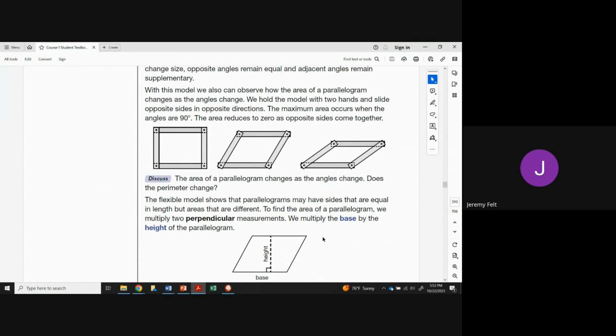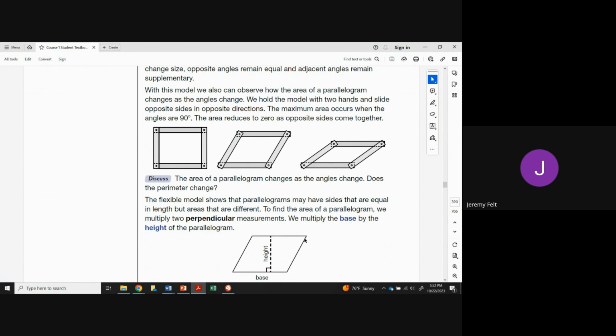How we find the area of a parallelogram: even if it's a square, we usually say side times side. For a rectangle, we say length times width. For a parallelogram, we say base times height. If we call it base and height in a rectangle instead of length and width, we're talking about the same things. It's just that in a parallelogram, the height may not necessarily be one of the sides.